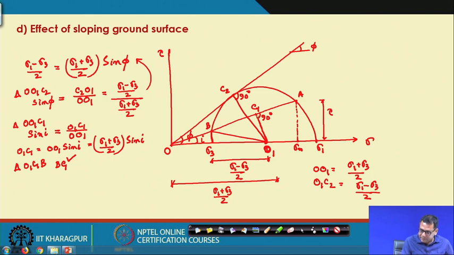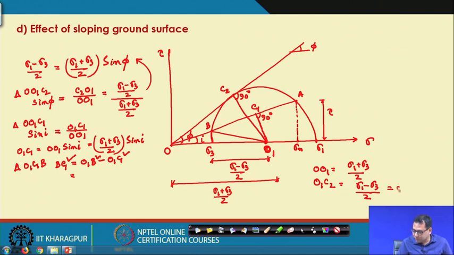In this triangle O1 C1 B, I can write that BC1 square is equal to O1 B square minus O1 C1 square. Okay. So, here O1 B is again the radius.